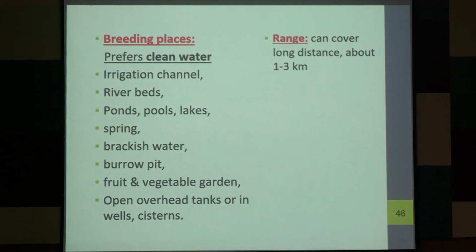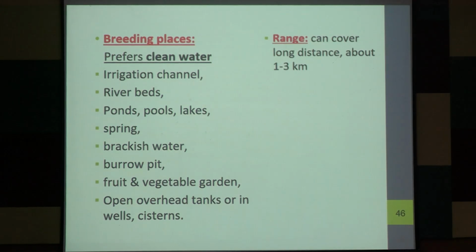Breeding place, it prefers clean water, okay. Only if there is clean water does the Anopheles mosquito lay eggs, okay. It does not differentiate where the site is. It can be in artificial containers or artificial spaces, or in river beds, or even in brackish waters.